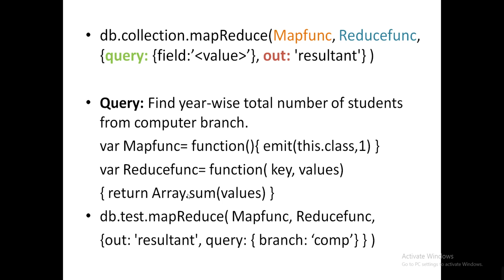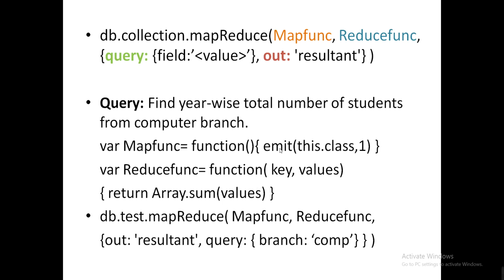Our array name is values, and we are summing up those values present in this array. For that we are using the Array.sum method, and we are specifying the name of the array, which in our case is values itself. As a result, for a given key that is passed from the mapping function, we will have a corresponding sum of values, and that is what we want.